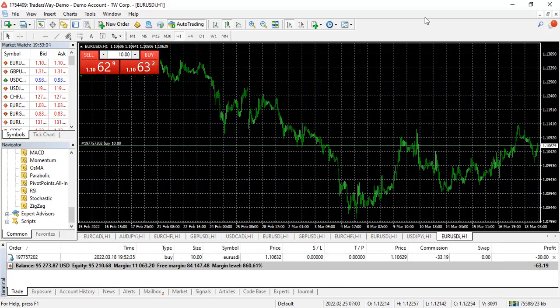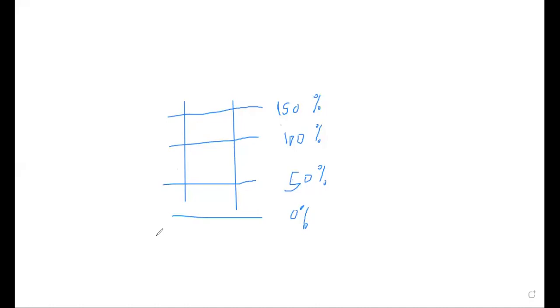Let me show you my whiteboard to explain leverage. So this is how leverage works. You can have a ratio of 1:100. Like this particular account I'm using now, the leverage is 1:100.